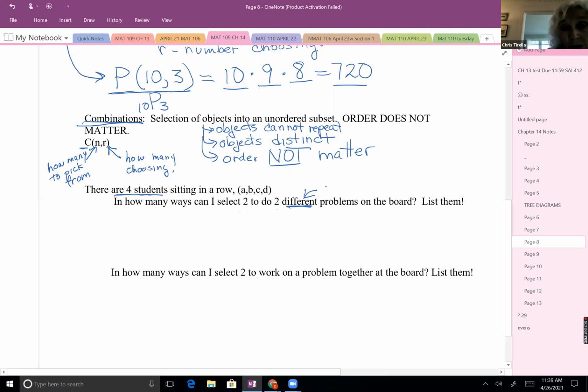I think so. So since they're different, their order matters. How many ways can I select them? Well, with what we've been alluding to, we have 4 students to pick from for the first, 3 from the second. So I'm guessing there will be 12.